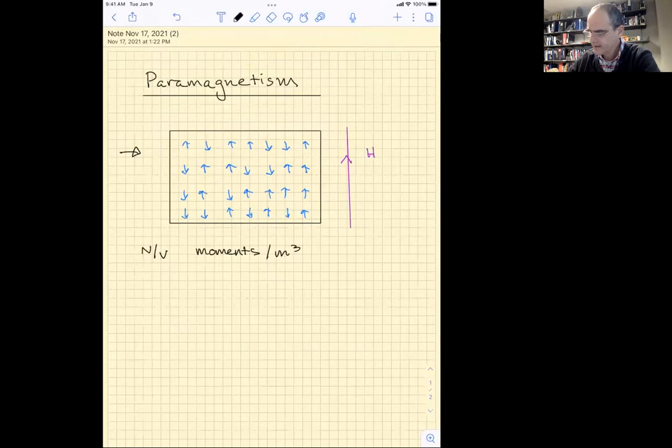Okay. Let's assume that the magnetic moment of each dipole is given by minus g mu_B times J, where J is the total angular momentum for that moment. And to keep things simple, let's assume that the J is due to one unpaired electron spin.